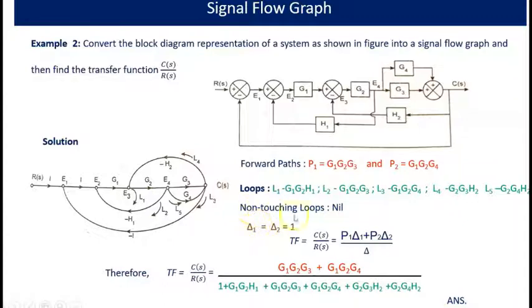There are no non-touching loops. So these are the individual loop gains. That is the answer. So always the steps are: identify the forward paths, then loops, then non-touching loops, then find delta 1, delta 2, etc. Substitute all the values, and that will be the transfer function.